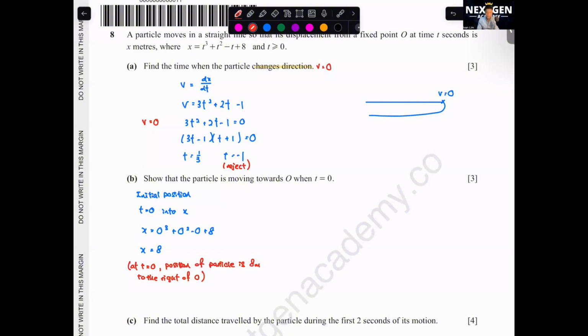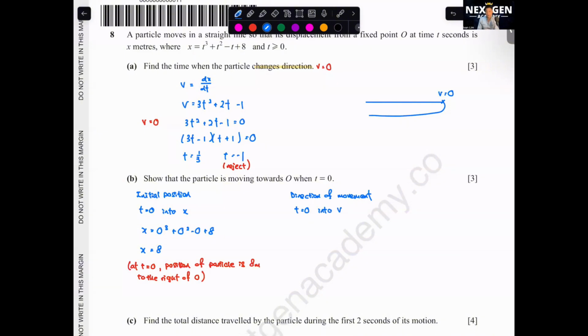What's another thing that we need to check? So we know it's 8 meters to the right. They want you to check how you know it's moving towards O. The other thing you want to check is which direction it is moving. So for direction of movement, you're going to substitute t equals to 0 into velocity.